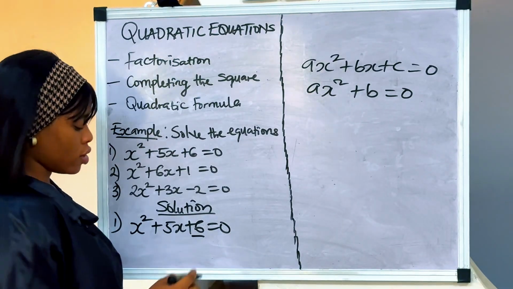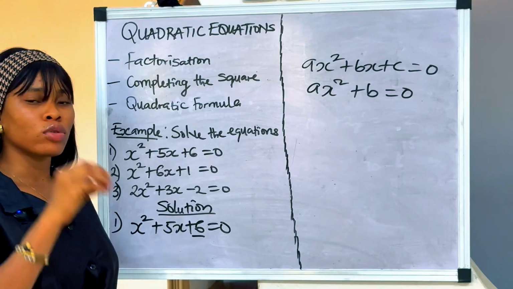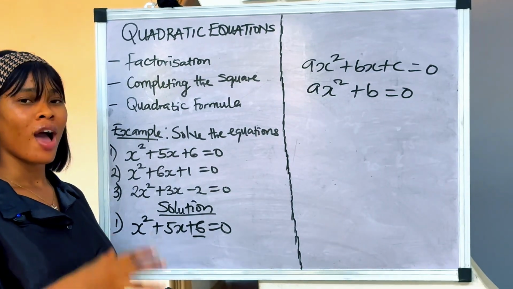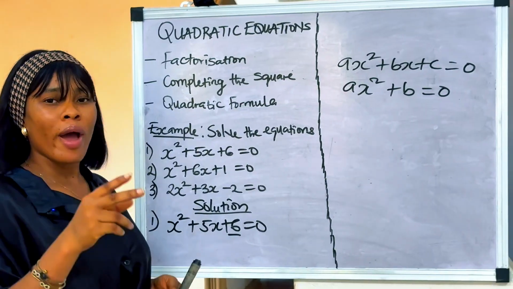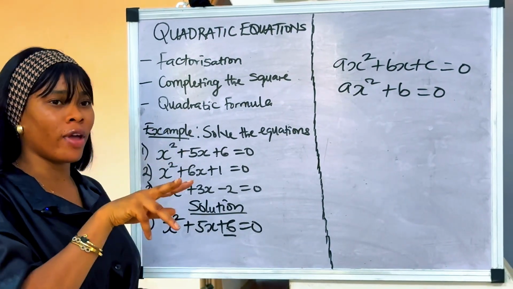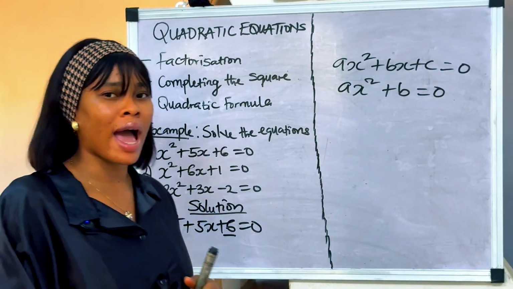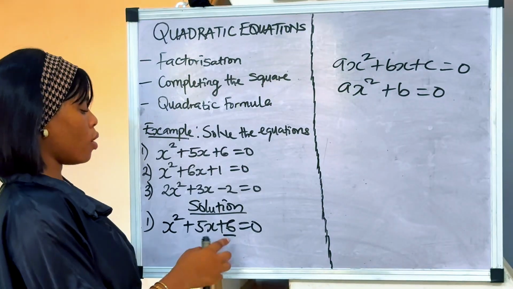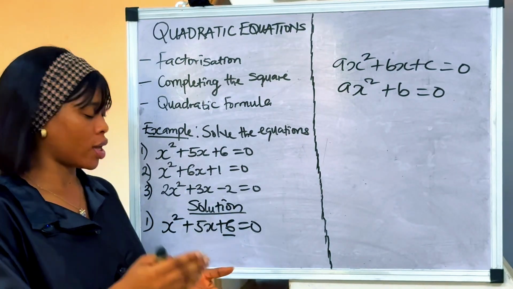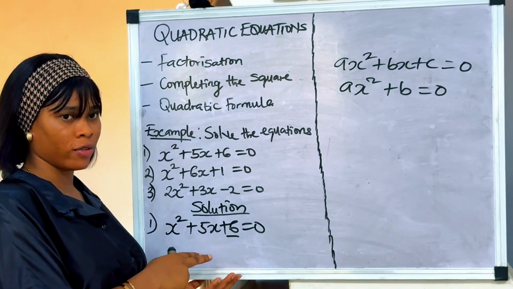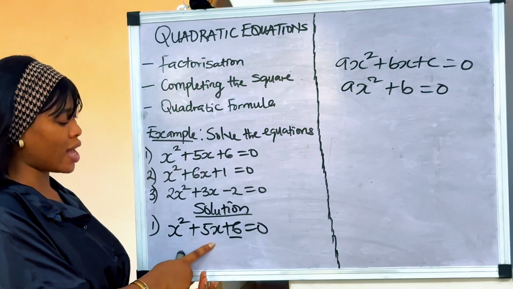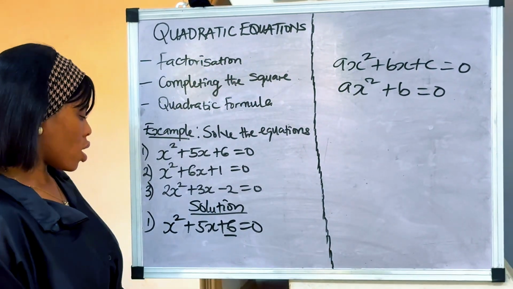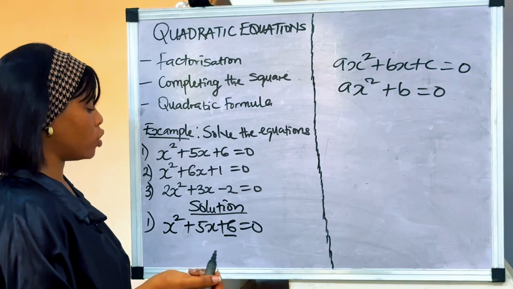Plus 6 is the last term. So we look for the positive and negative factors of plus 6, whereby any two of them, when multiplied, give plus 6, and when added together give plus 5, which is the coefficient of x. That's the second term.